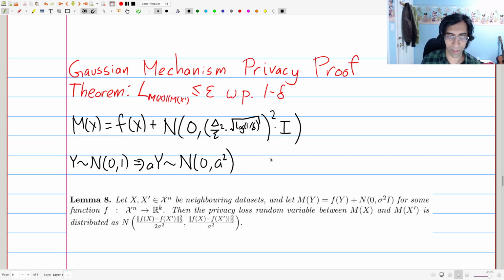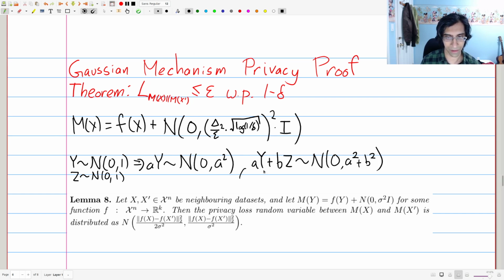Similarly, you can add two Gaussians: if z is also distributed as N(0, 1), then the variances essentially add. In generality, a y plus b z is distributed as a Gaussian with mean 0 and variance a squared plus b squared. Essentially you take the two variance components and add them together to create one variance. This will be a useful fact, but that's a bit of a diversion.